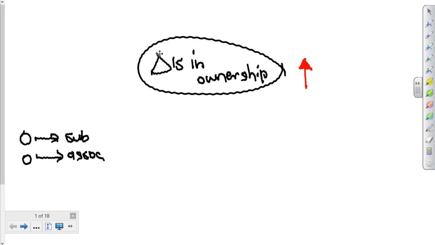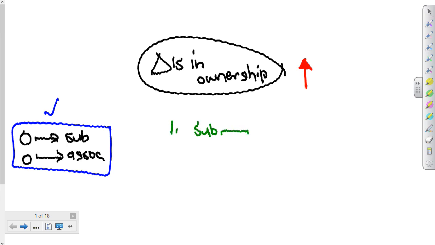When we look at changes in ownership, we in essence are looking at two new things. Number one, where I have a subsidiary and it becomes a bigger subsidiary, or where I have an associate, I had significant influence and it now becomes a subsidiary.